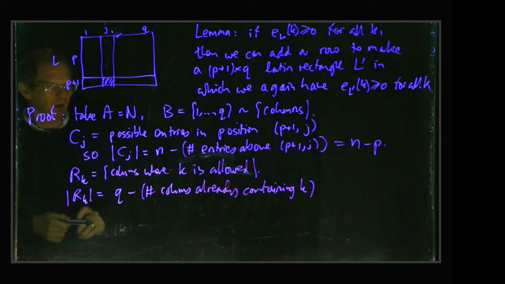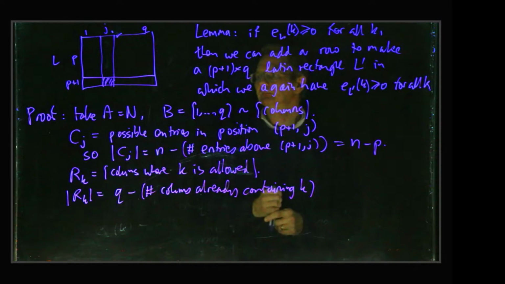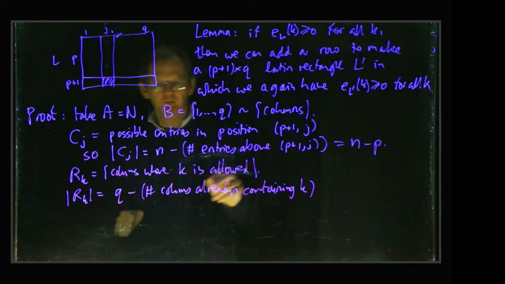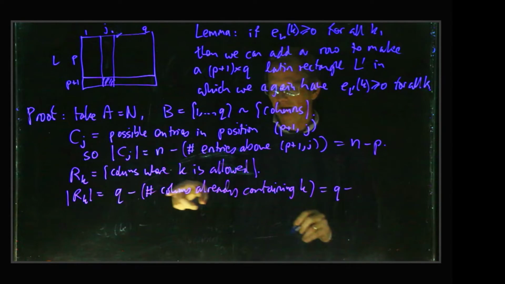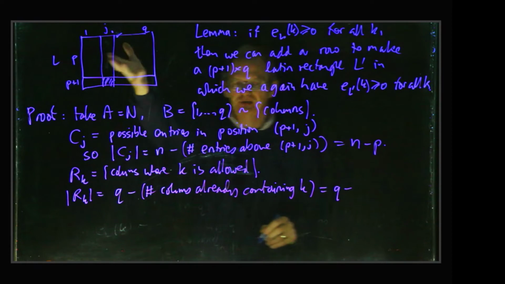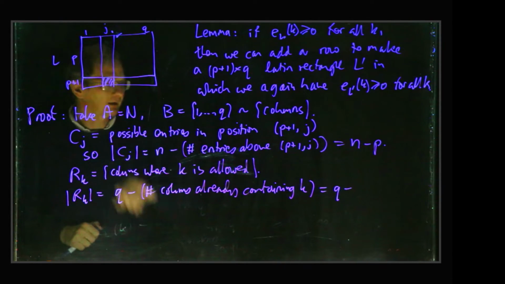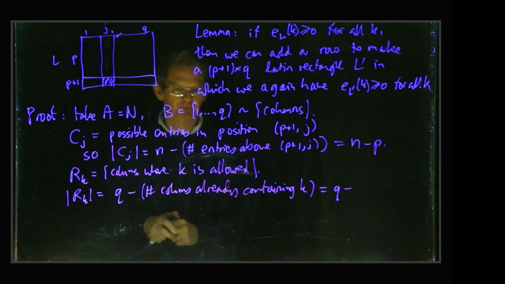The number of columns that already contain k is just the number of k's that we've got, as we mentioned previously, because if a column contains a k, then it contains precisely one.